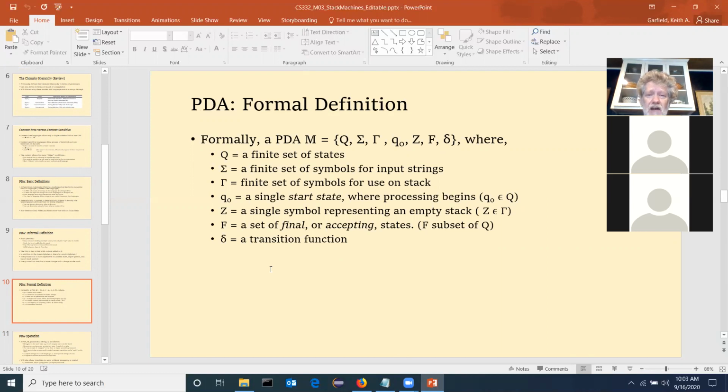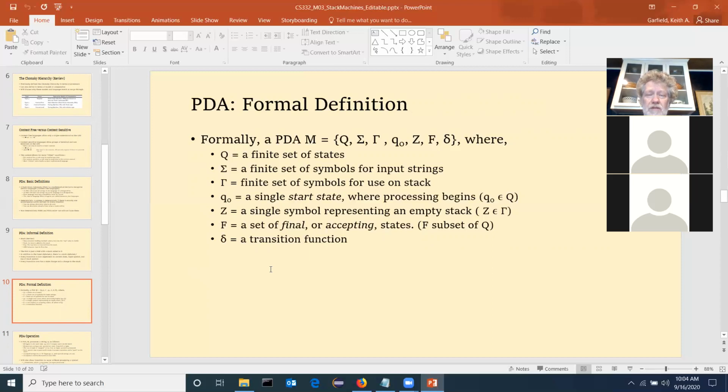In addition, in the stack alphabet, you're going to want something to mark the bottom of the stack, or an empty stack. So I'm using the $ sign for that. There's nothing magical about that. And you also have to designate what the empty stack symbol is inside that stack alphabet.